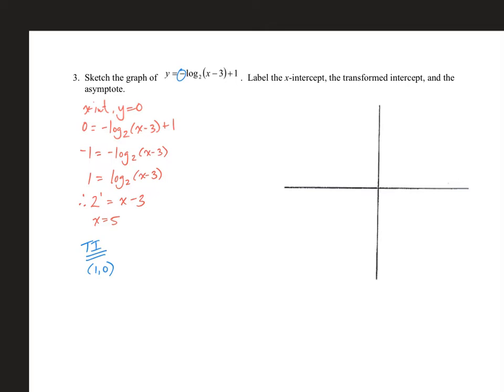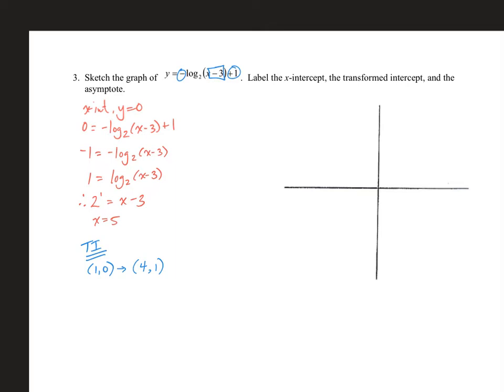Well, reflecting a point on the x-axis across the x-axis means it's invariant. There is no change. The only other things to do then is to interpret the -3 and the +1. And so we are going to shift my curve to the right 3 units and up 1. My transformed intercept then has the location (4, 1). So I have 2 points on my graph now.